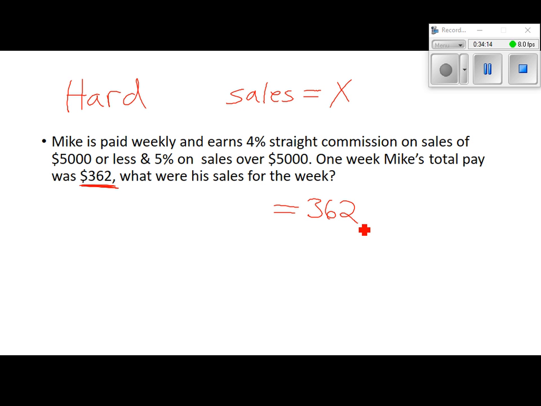Here's where we gotta figure this out, and this is a little rough. What are we going to do to X? How are we going to do this? How can we set this up? What did we do on the last one? We took the 5% and we times it by what?